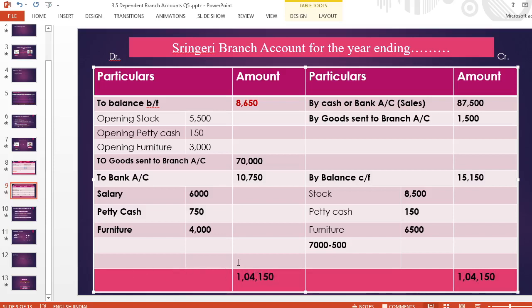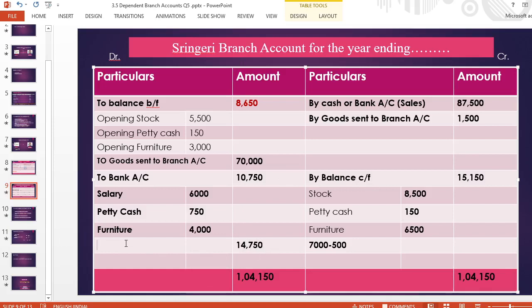1,04,150 rupees. And the difference amount is 14,750. So credit side exceeds the debit side. So the difference represents 14,750.